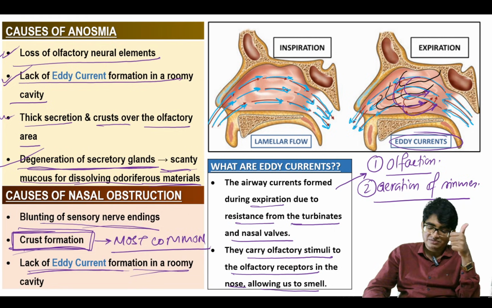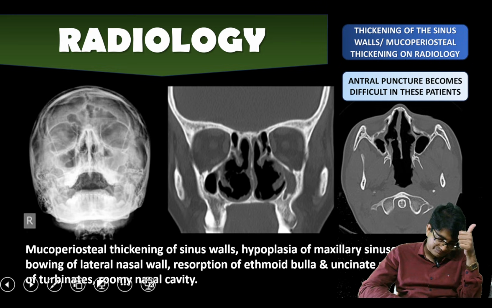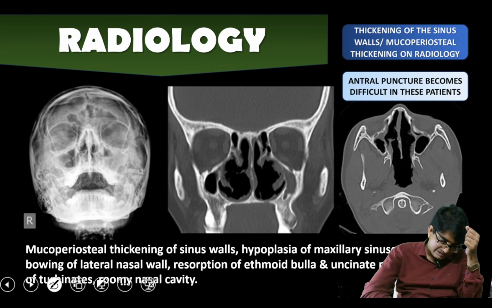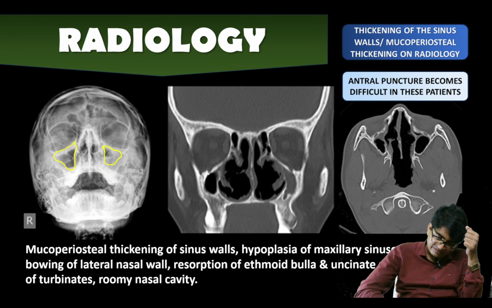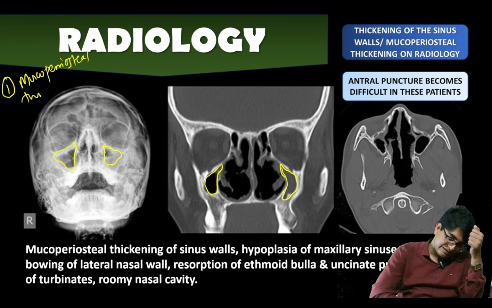Now coming to the next slide, which discusses the radiology of these atrophic rhinitis patients. What happens? You see, in the radiology, in X-rays and in CT scans, you can well visualize that the sinus walls have got thickened. So there is the first keyword, mucoperiosteal thickening of sinus walls.